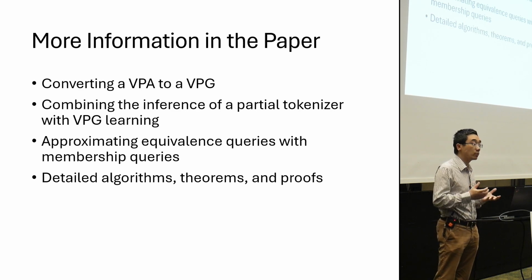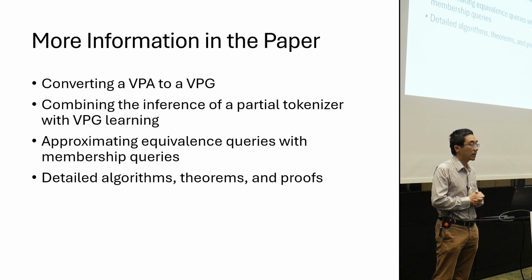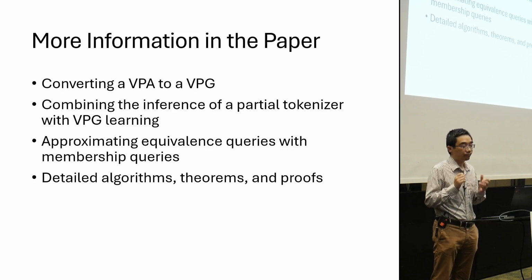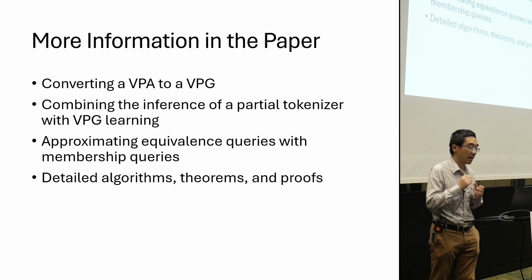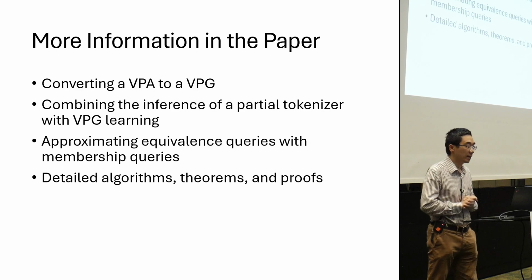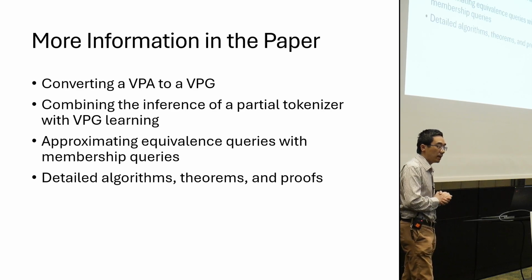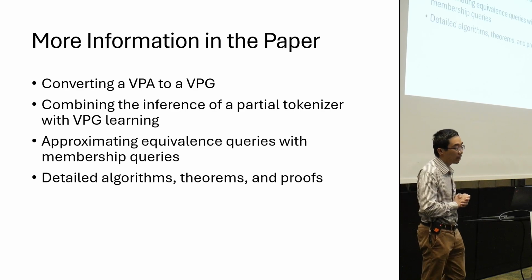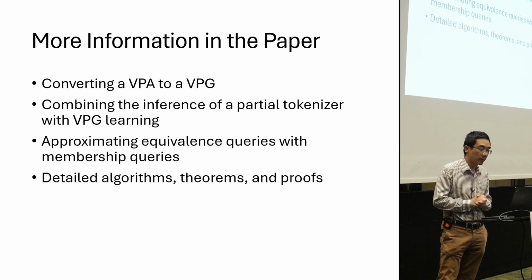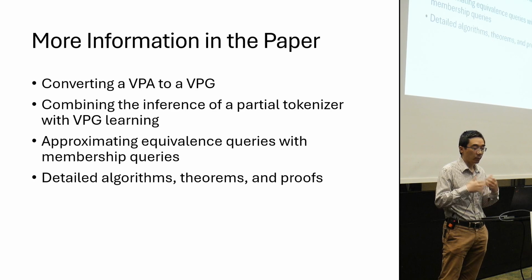This turns out to be necessary in practice because in many practical languages, call and return symbols are at the level of tokens instead of the level of characters. And we also discuss in the paper how to approximate equivalence queries with membership queries, as well as other details.